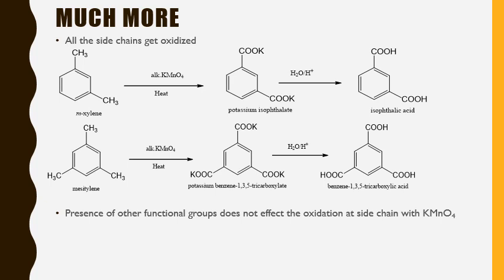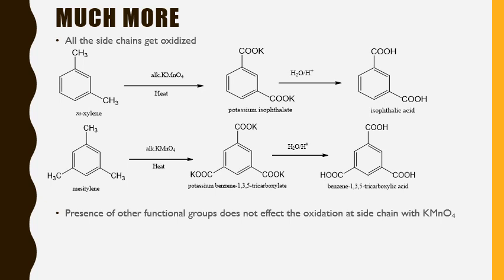Here you can see that there are two groups attached to the benzene ring. However many groups are attached to the benzene ring, if the carbon attached to the ring has a benzylic hydrogen, definitely it will get converted into the corresponding carboxylic acid through oxidation by alkaline KMnO4 followed by hydrolysis.